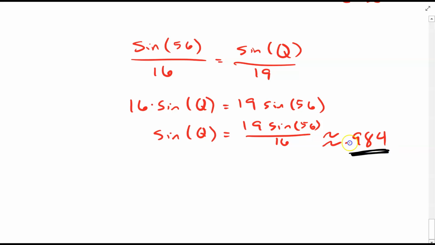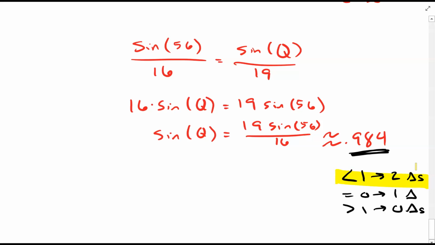And this value here is going to tell me what's going on. So if this value is less than 1, I get 2 triangles. If this value is equal to 1, I have 1 triangle. And if this value is greater than 1, I have 0 triangles. So in our situation here, we have 2 triangles.